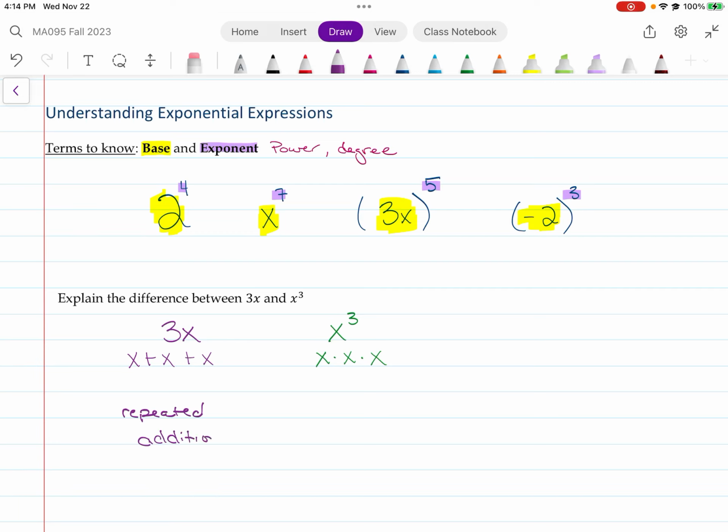Okay, so that is repeated addition. Whereas x times x times x, what do you think? You probably guessed it, repeated multiplication. So when we have a coefficient out front, it's counting how many times it's added. When we have an exponent or a degree or a power, that is counting how many times it's multiplied.